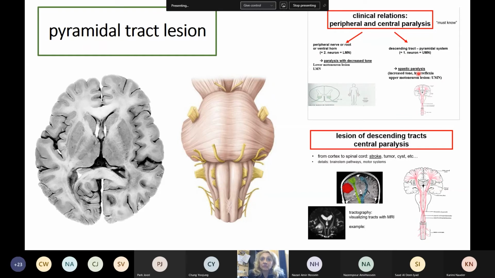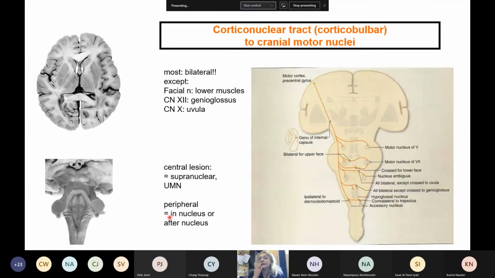The central paralysis leads to spastic palsy, which means increased muscle tone. This is when the descending pathway is affected anywhere above the motoneuron, so in the cortex, in the internal capsule, in the brainstem, the pyramids, anywhere before it reaches the motoneuron, and it leads to a central palsy. And we talked about the corticonuclear tract. This is also just revision of what we did in the lecture previously.